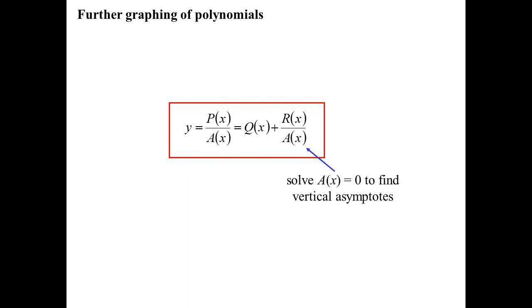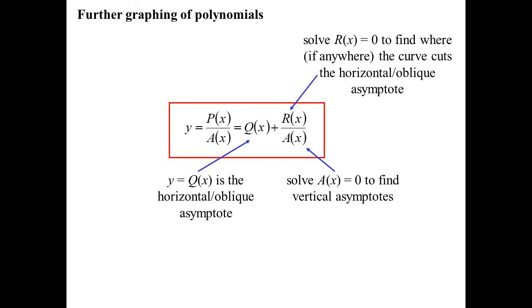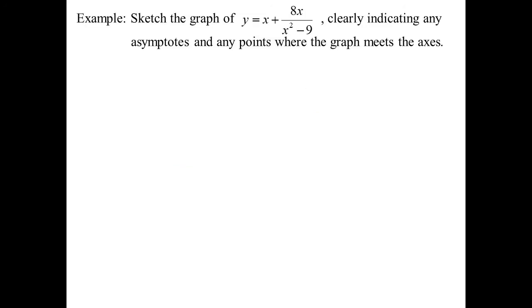So we solve the divisor to find any vertical asymptotes. The quotient will turn out to be the asymptote. Oblique, horizontal, just depends on what that function is. And the top of the fraction, that remainder, we use that to find if the curve cuts those horizontal or oblique asymptotes. So let's do this one as an example.